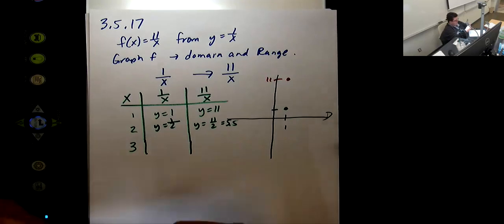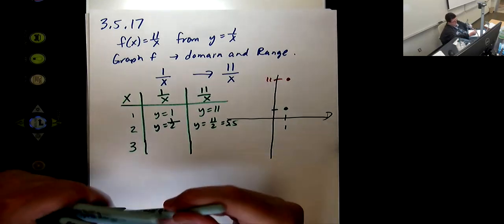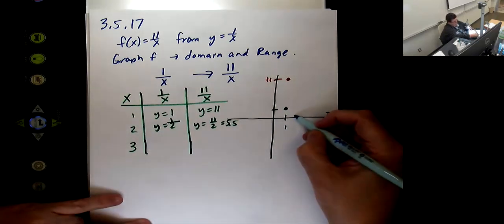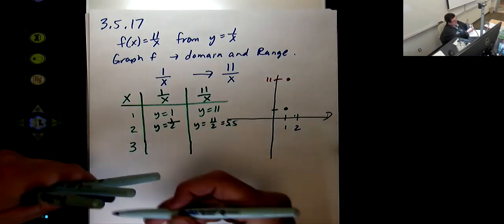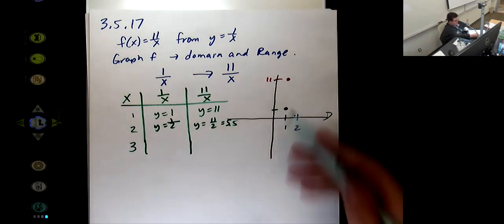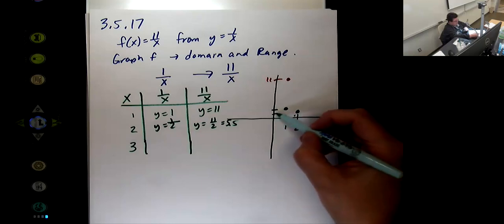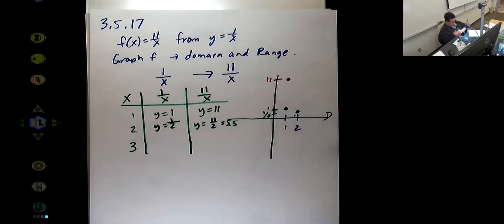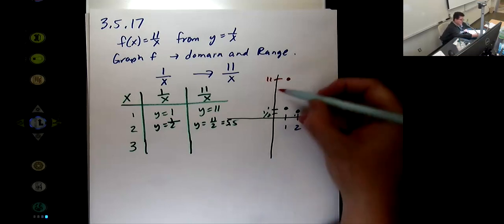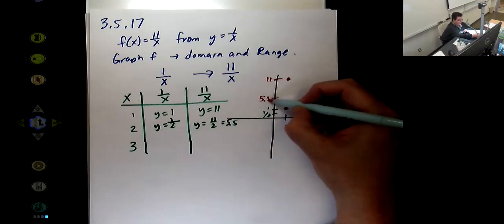So here at 2, y equals 1 over x is like that. That's like 1/2 and then 1. But 5.5 is way up here.